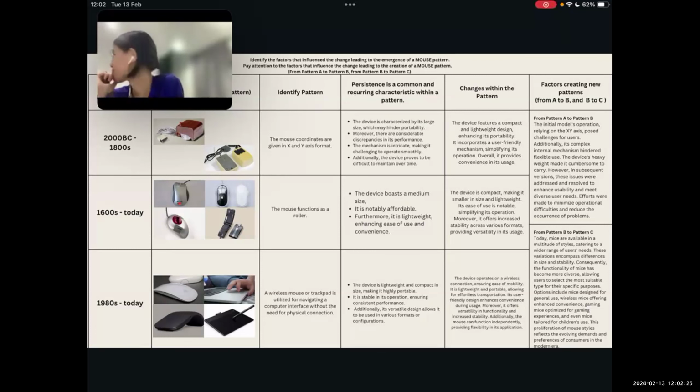And then enhancing its optionality, making it more usable.